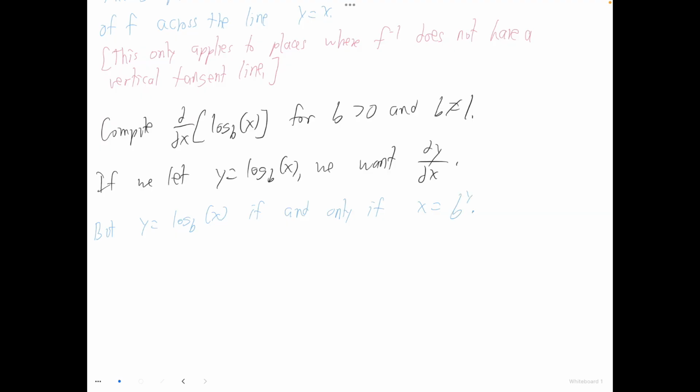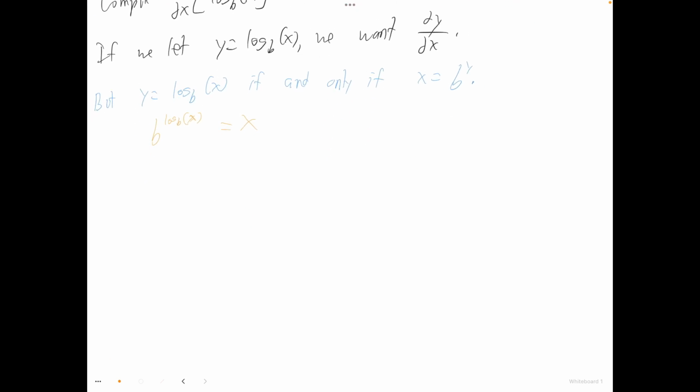This is the idea of inverse functions. If you exponentiate b to both sides, we'd have b to the y on the left-hand side and just x on the right-hand side, because b to the log base b of x is just equal to x. So y equals log base b of x if and only if x equals b to the y.